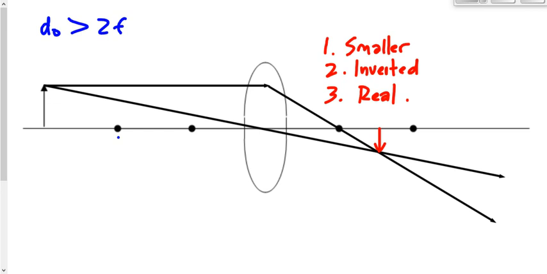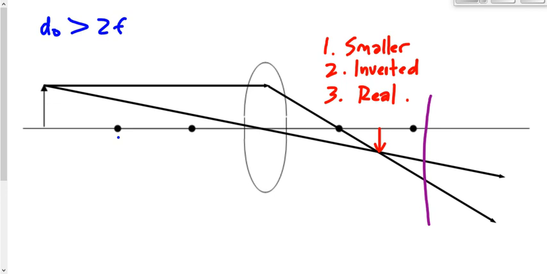Now, it doesn't mean that we are projecting it onto a screen. I can stand right here, look through the lens, and see this image right there. I'm not looking at it through a screen in that case, but I can project it onto a screen. If I take a white piece of paper and put it right there, I'll project the image onto that paper. Make sense? If I move the paper back here, what am I going to see?